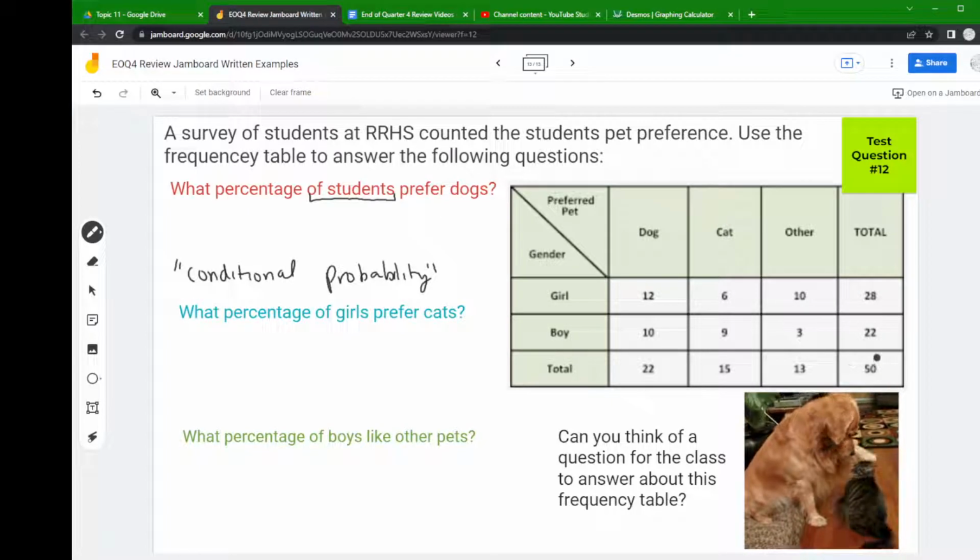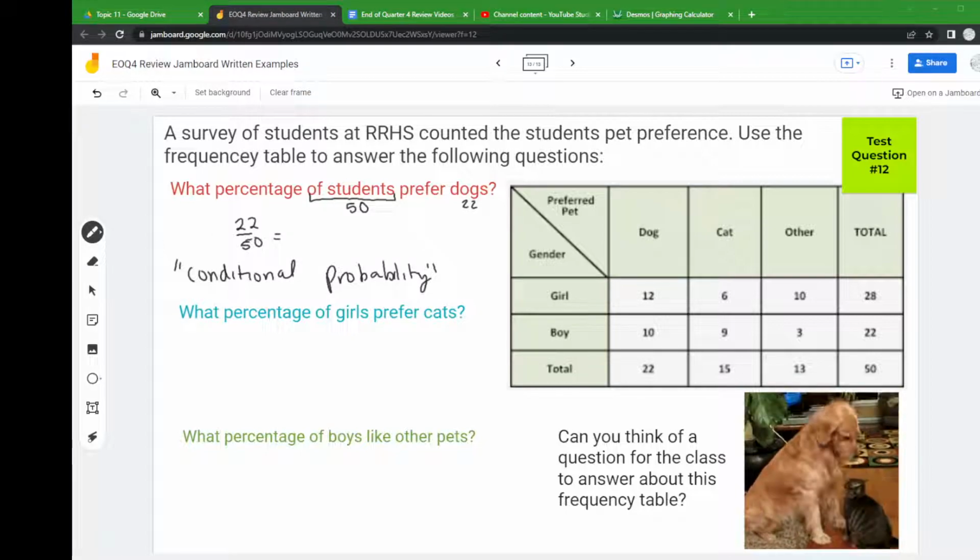So the total number of students here is 50. And of those 50 people, 22 of them prefer dogs. So I'm going to write the fraction 22 over 50. Now this is asking for a percentage, so to calculate percentage, I'm taking the 22 and dividing it by 50.